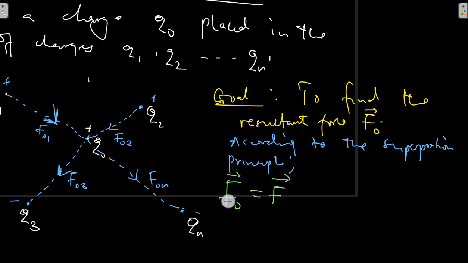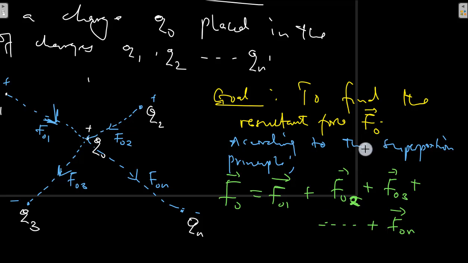So the resultant force F0 is equal to F01 plus the force on Q0 due to Q2, plus the force on Q0 due to Q3, plus many other forces, plus the force on Q0 due to Qn. This is what we call the superposition principle, or superposition theorem, as far as electrostatic force is concerned.